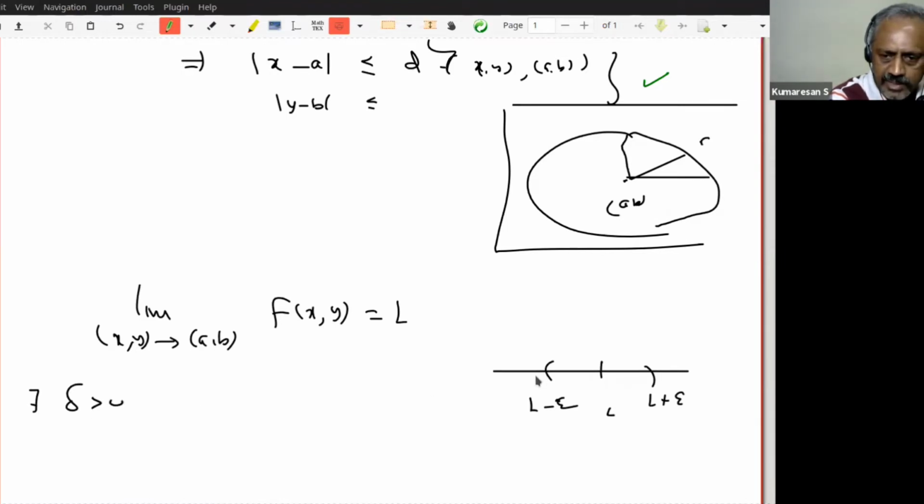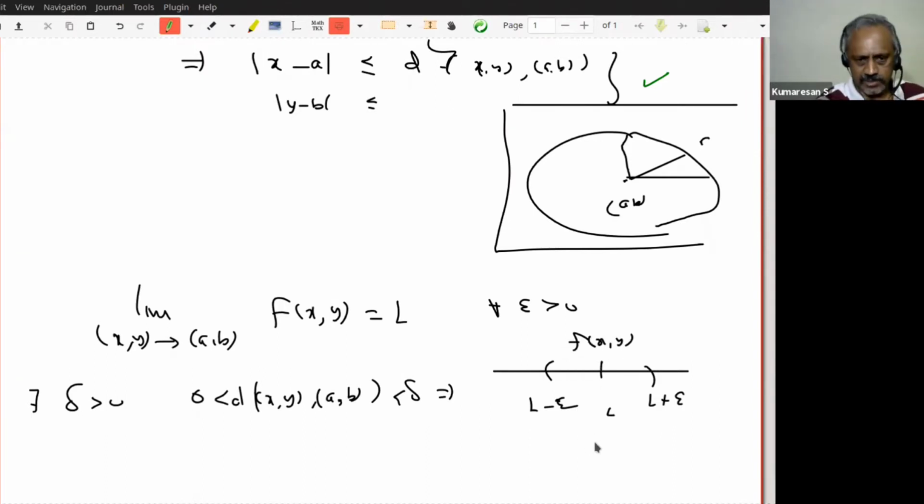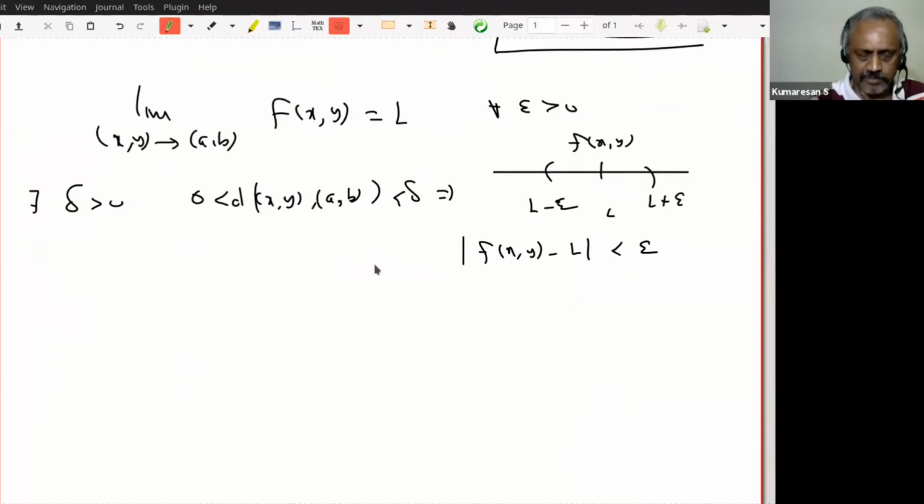Given epsilon, there is a delta positive so that 0 less than the distance between (x, y) and (a, b) less than delta implies f(x, y) lies in this interval L minus epsilon to L plus epsilon. I'm just recalling the definition, because you gave the definition last time when I asked.